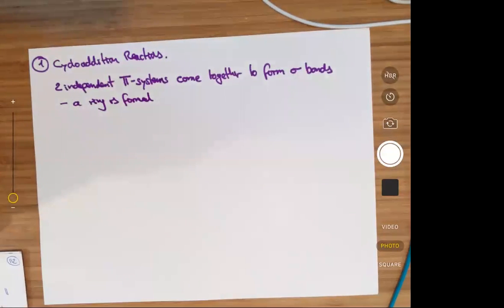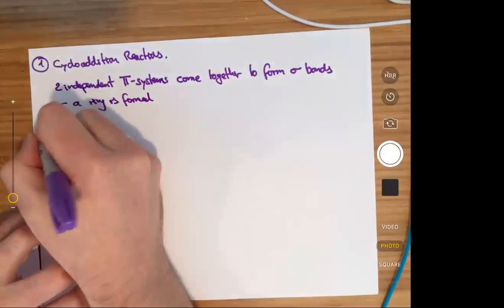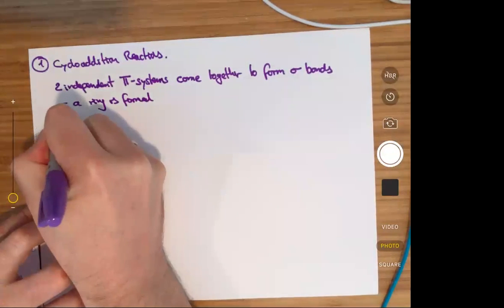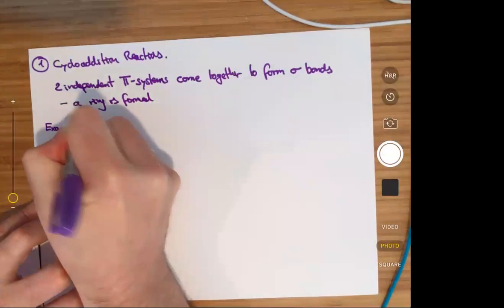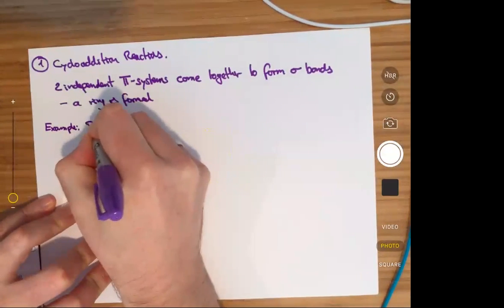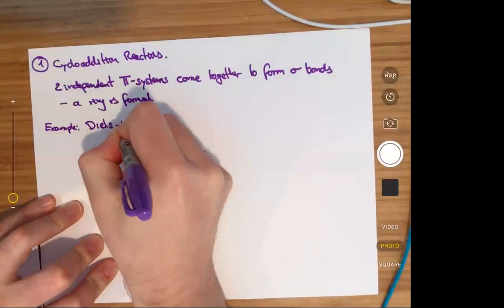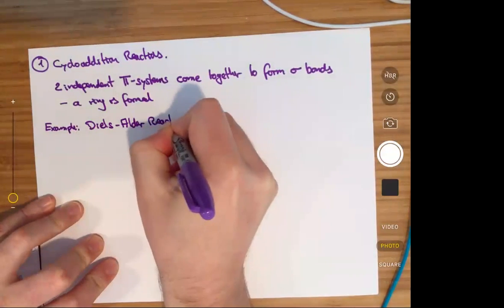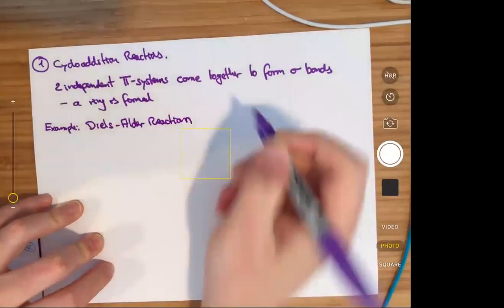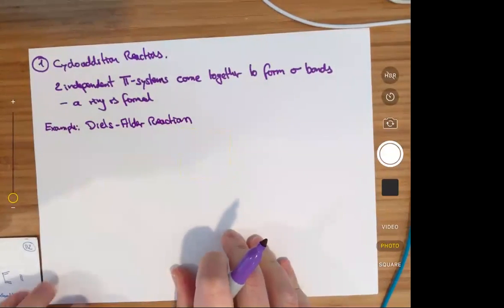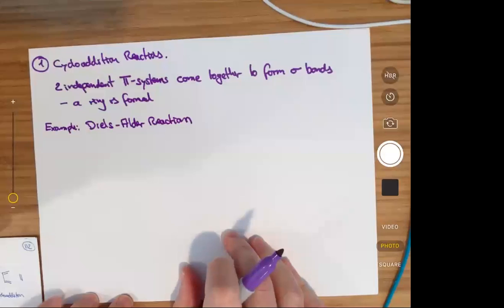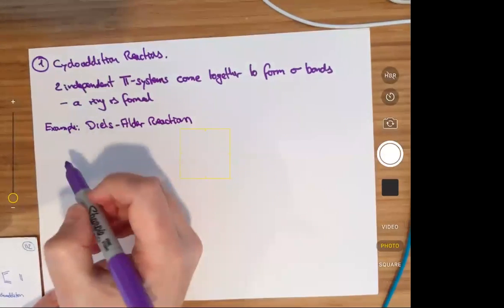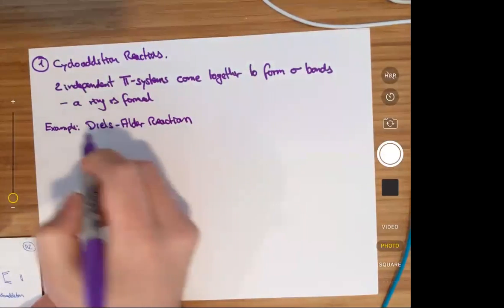But let's look at a simple example of a cycloaddition reaction that you'll find in your book. And that is the classical Diels-Alder reaction. Now, what you're dealing with in a Diels-Alder reaction, let's look at the very simplistic, very generic model here, is that you have two independent pi systems.